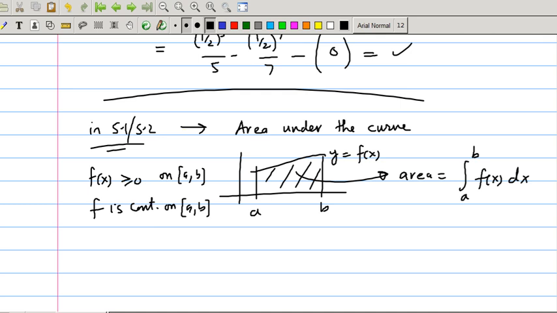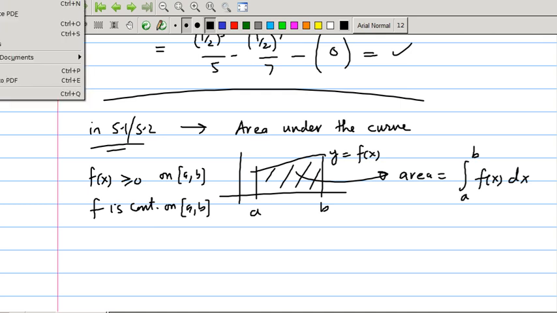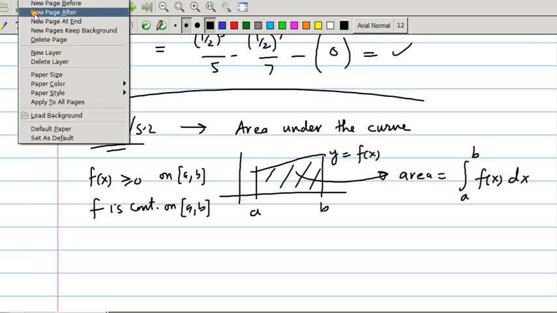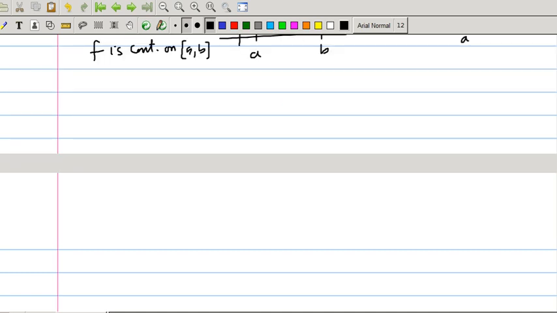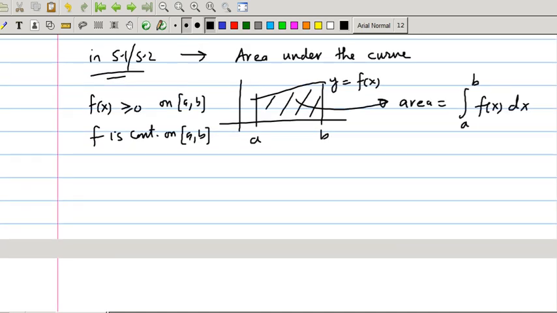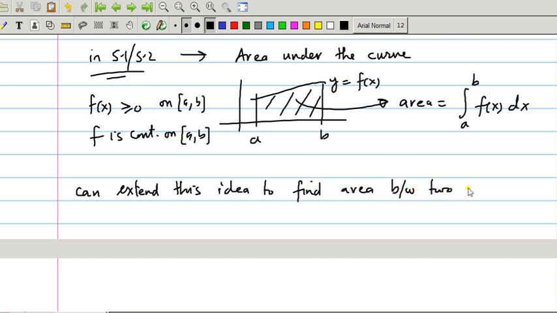We can extend this concept to functions of two curves, right? We can extend this idea to find the area between two curves.